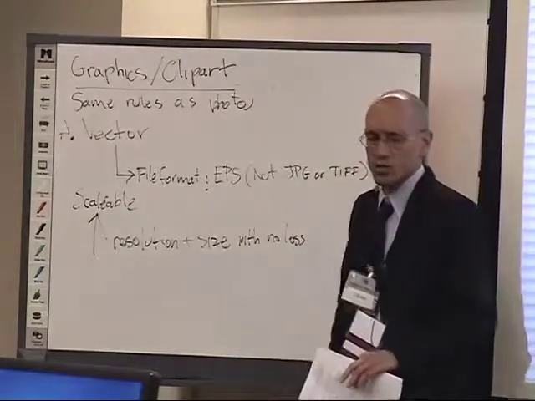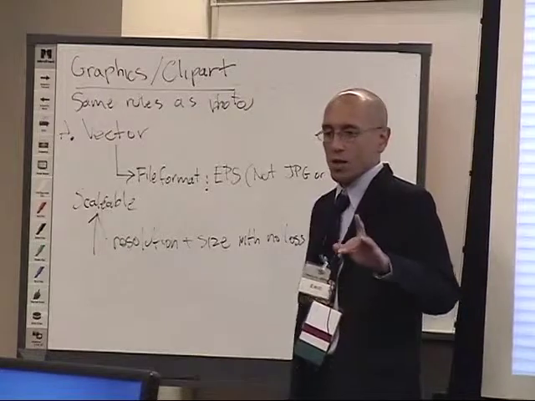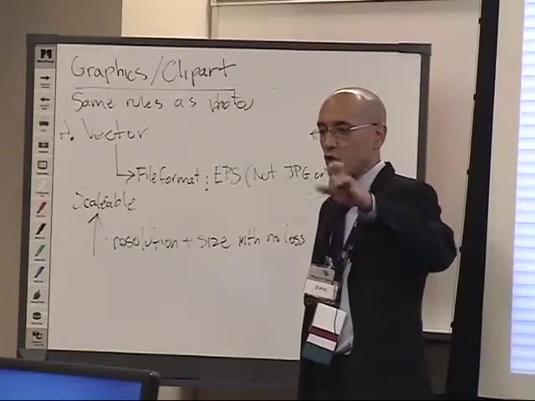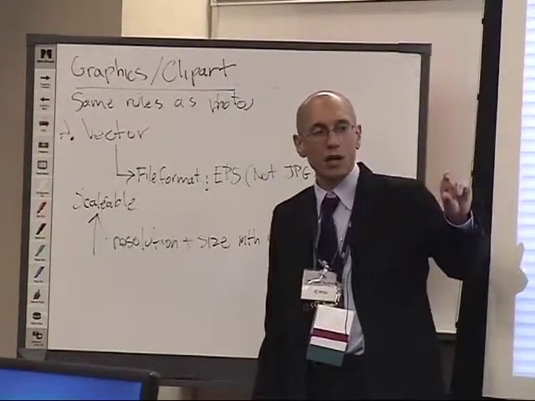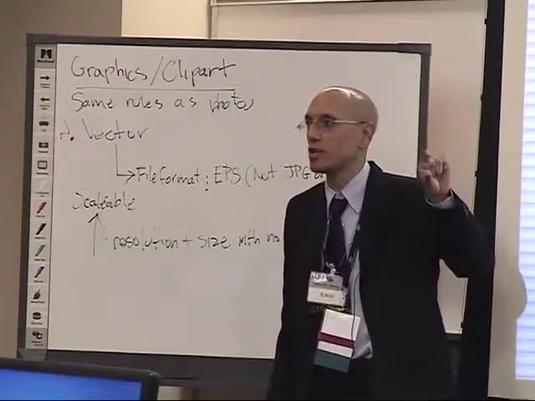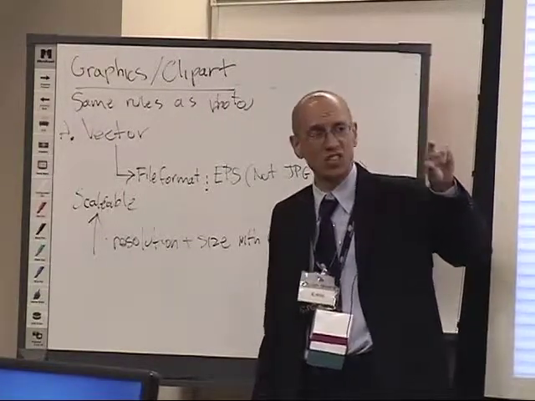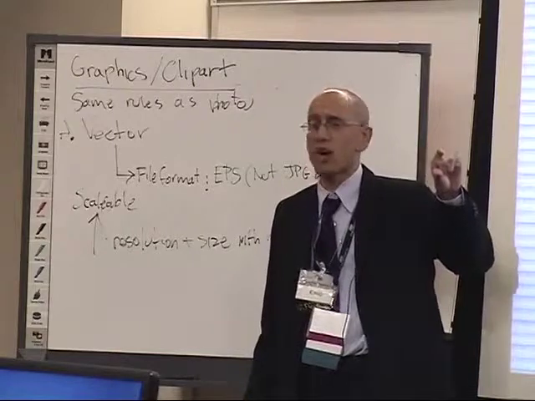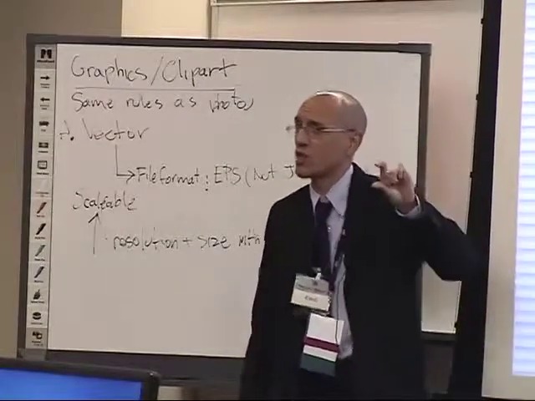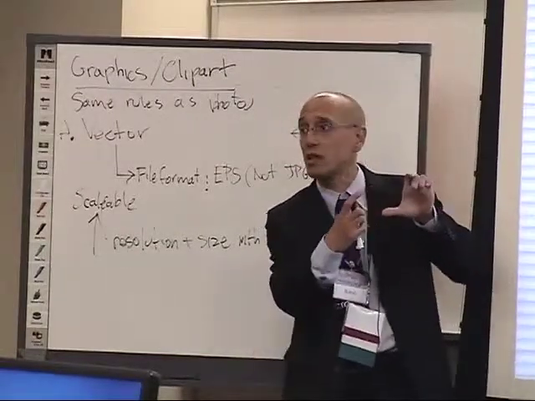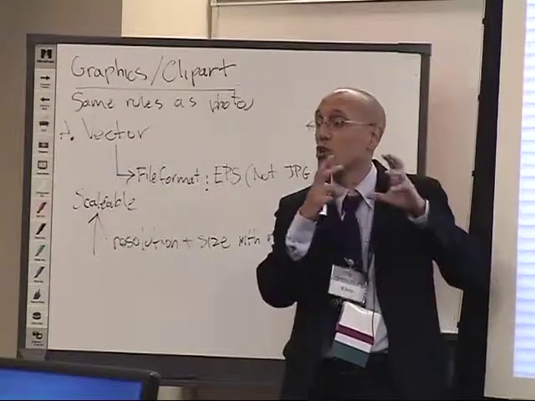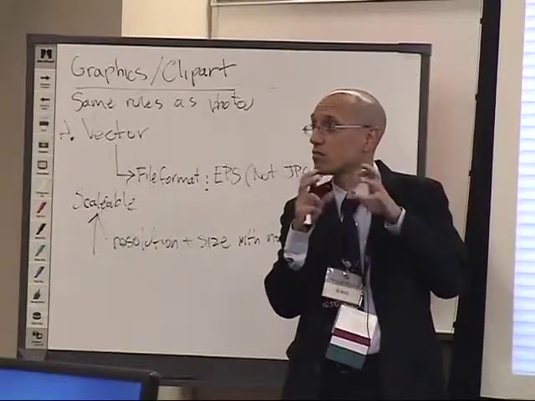Why do I need to know this? Because you can get a graphic of, let's say, a genealogy tree, a cute cartoon of a tree, and it's this small. It only costs you 10, 15, or 25 cents, but you need it this big. When you enlarge it, it will look blurry. It'll look pixelated.